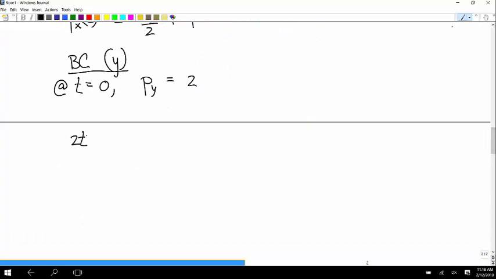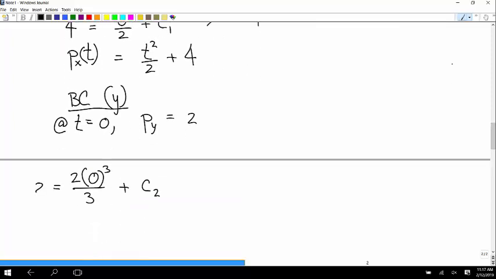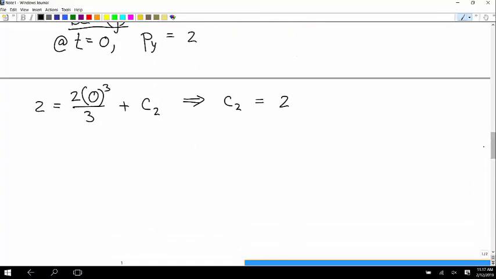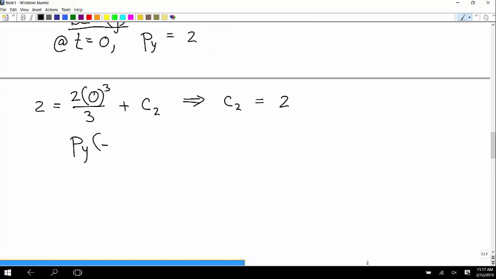So 2 times 0 cubed over 3 plus c2 is equal to 2. And so c2 is equal to 2. Now plug that back into the expression, and we get that py as a function of time is equal to 2t cubed over 3 plus 2.